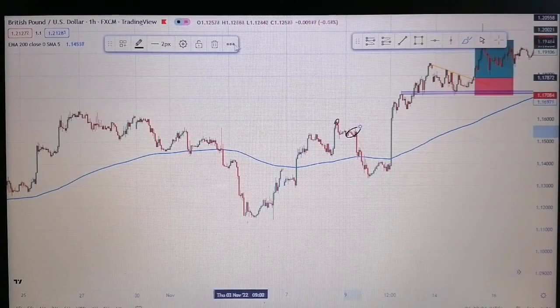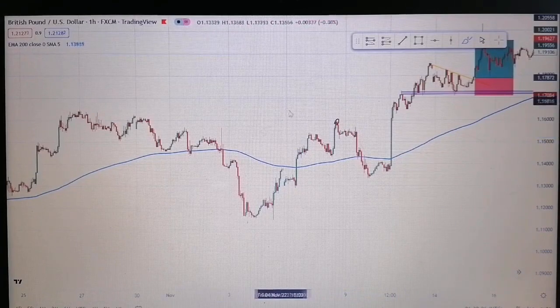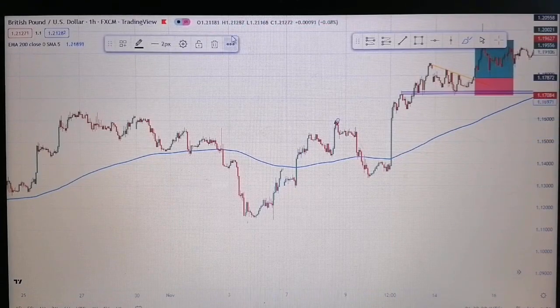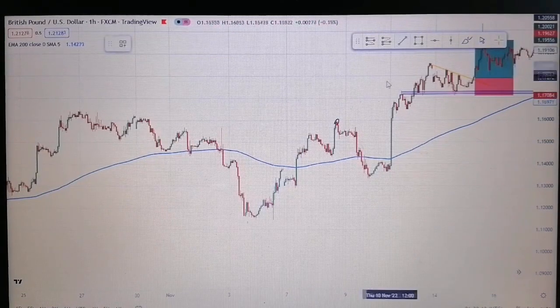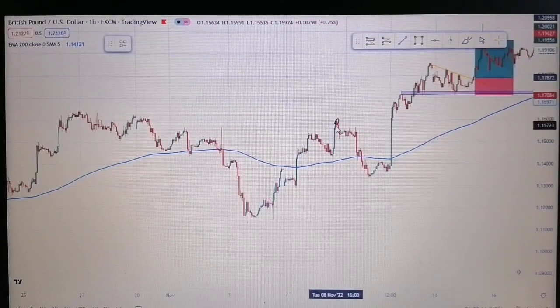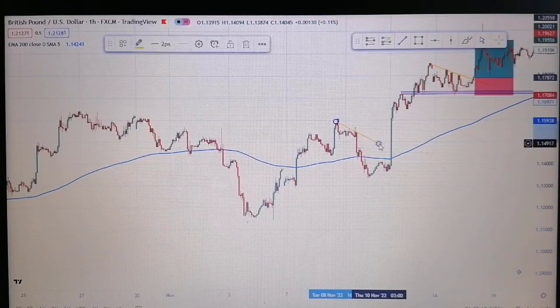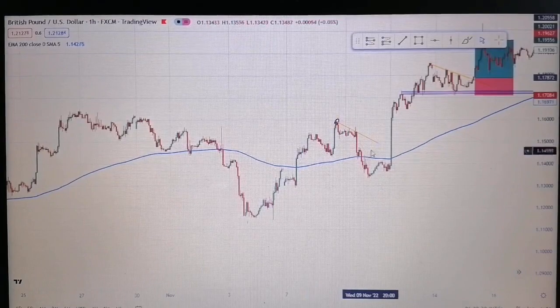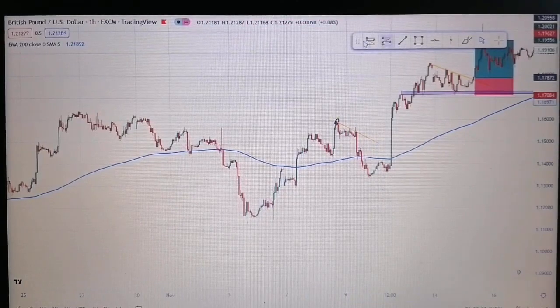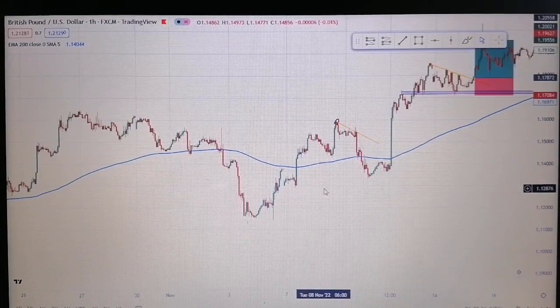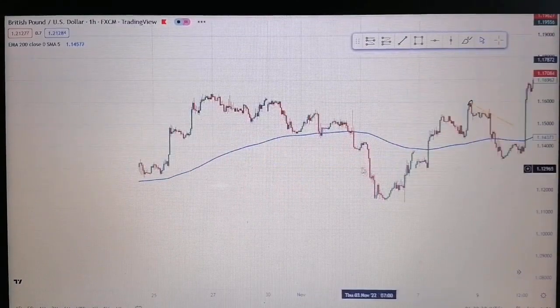So this was not a valid trend line. If you do not know how to draw trend lines, you would have drawn here and you would have lost this trade. But if you know how to draw trend lines, you can't make such a mistake.